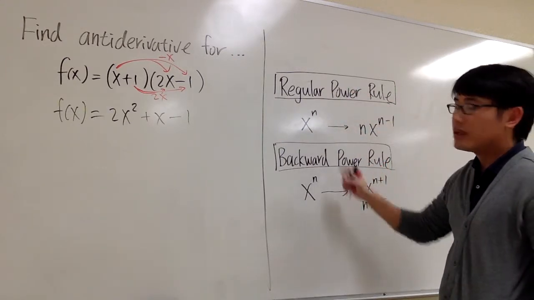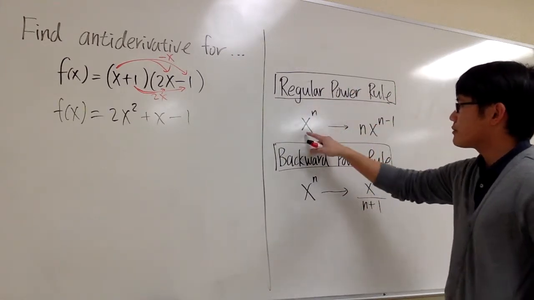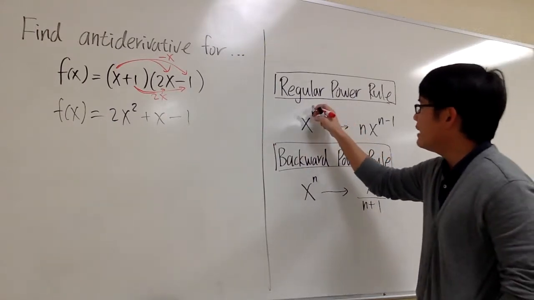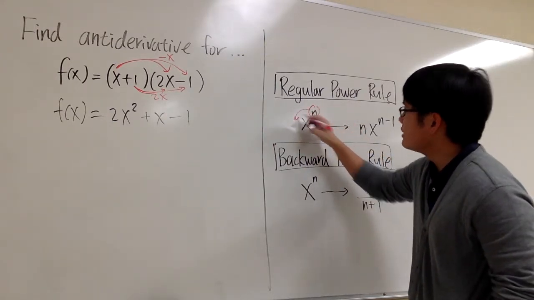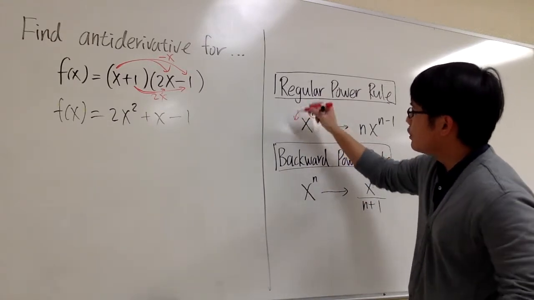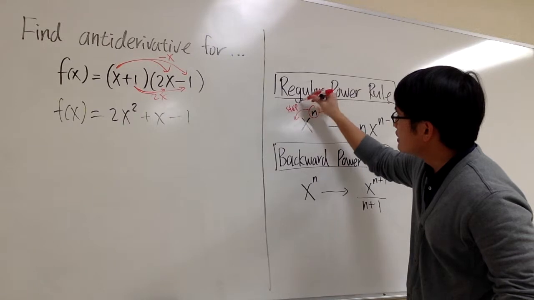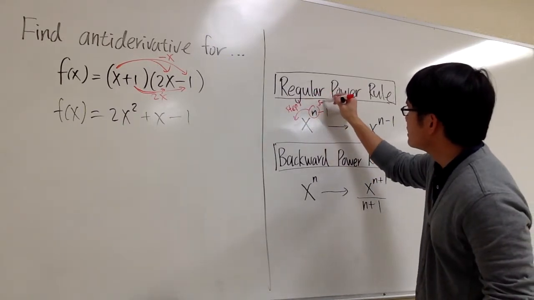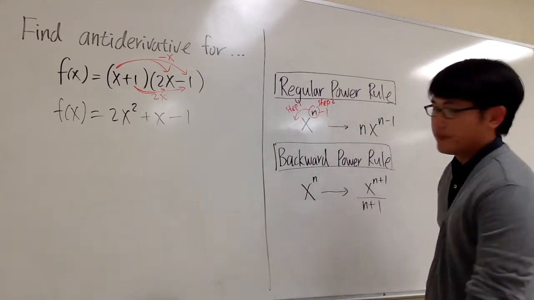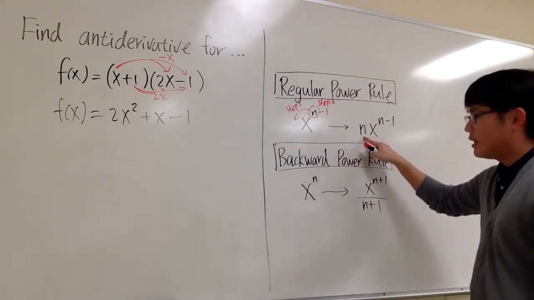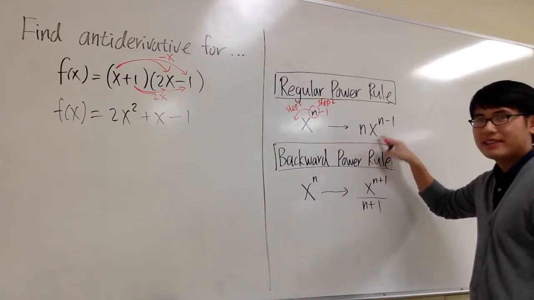If you have x to the n power, what you do first is, you take the exponent, bring it to the front, step 1, and then you subtract 1, step 2. The derivative of x to the n power is n times x to the n minus 1.